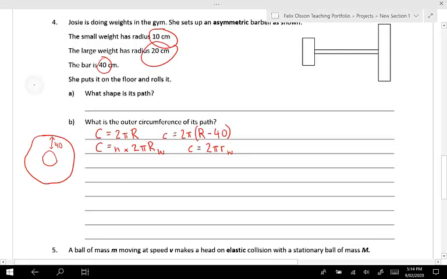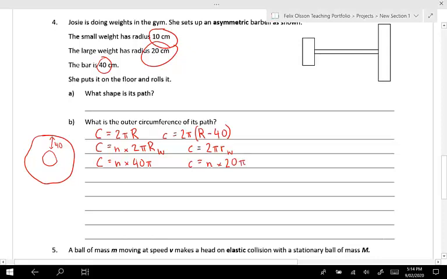So we have big C is equal to n times 40 pi, if we're working in centimeters here, and little c is equal to the same n times 2 times 10 pi, which is 20 pi.